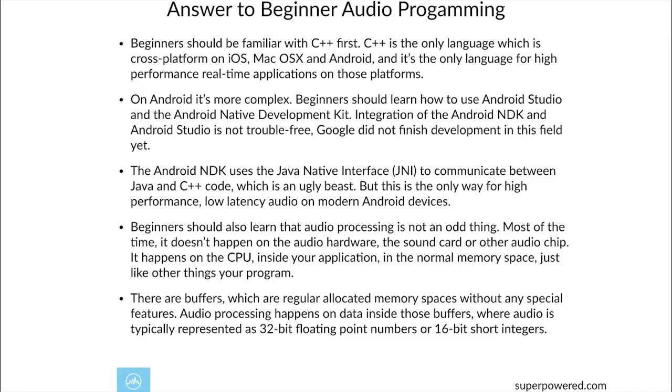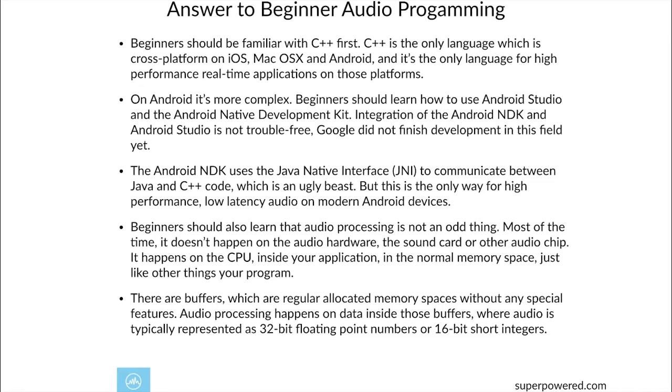So it's just like any other processing you do in your application. So you really shouldn't consider sound cards and audio chips and codecs and all that stuff. No. The main thing happens on the CPU and in regular buffers.